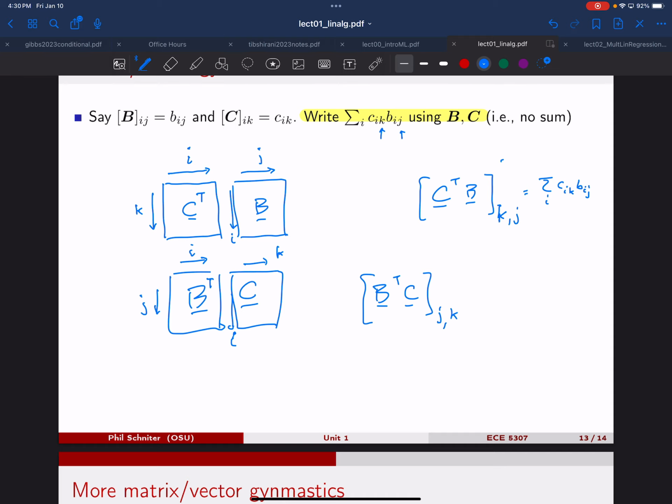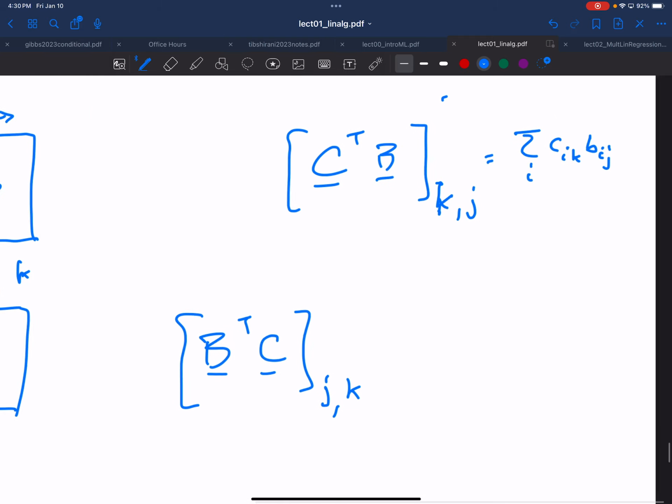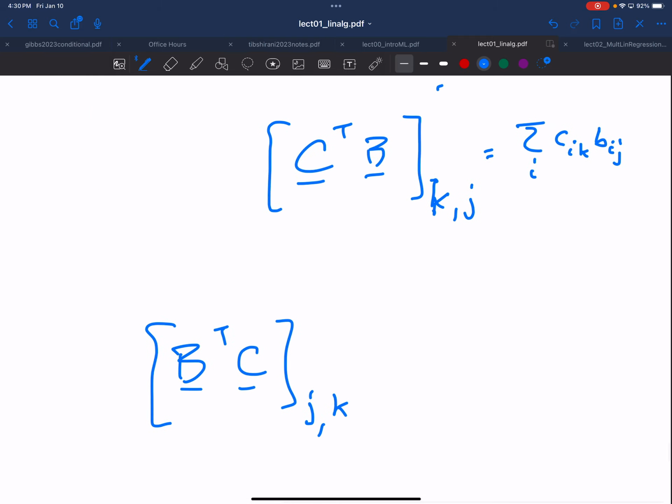Yeah. And in fact, you maybe could see that directly through a different relationship. The main thing that's going on here is I've swapped the order. I've swapped rows and columns, right? And swapping rows and columns is the same thing as transposing a matrix. So it should be consistent with transposing this whole matrix.